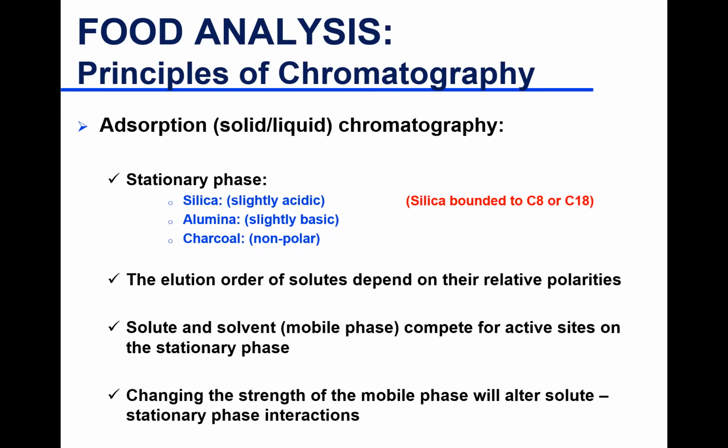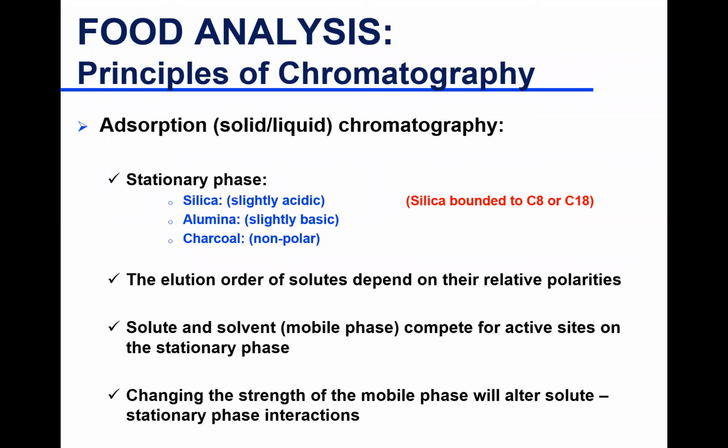But you can also have bonded silica. For example, some of you did the HPLC lab. We had a bonded silica stationary phase where we had silica bonded to C18, for example. C18 is a chain of 18 carbons, so it's turning the stationary phase into nonpolar.